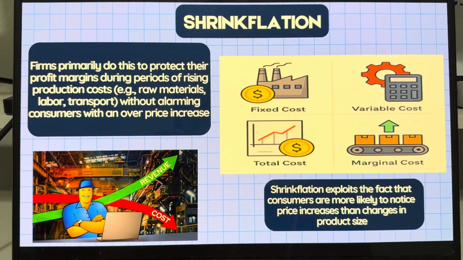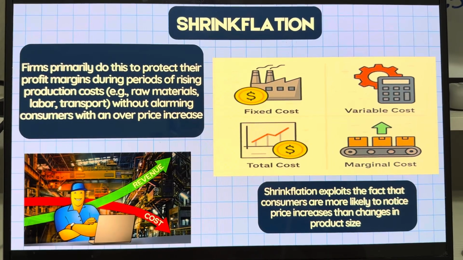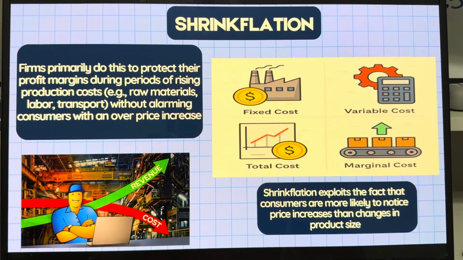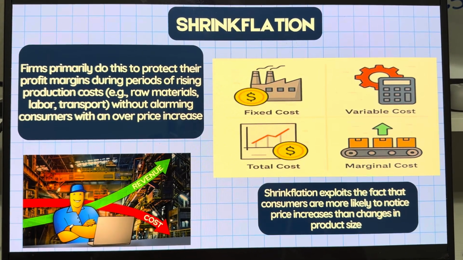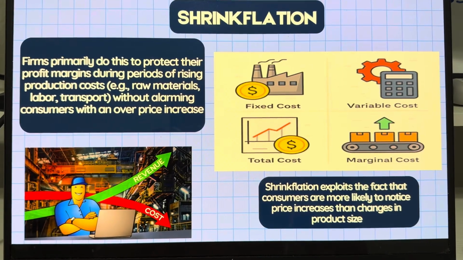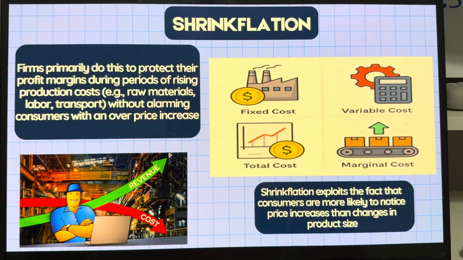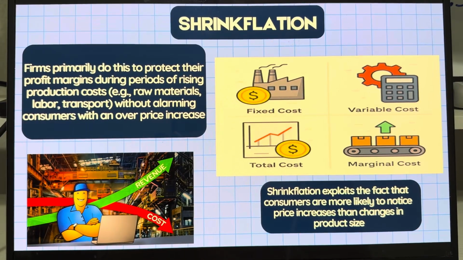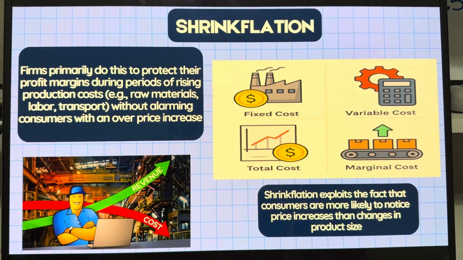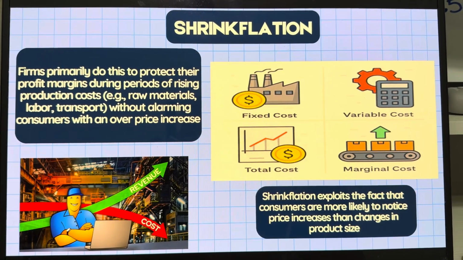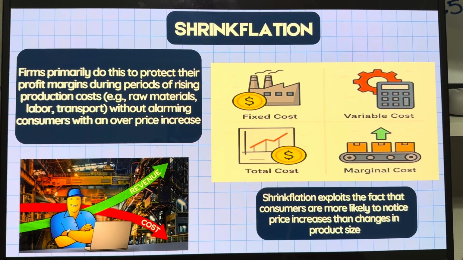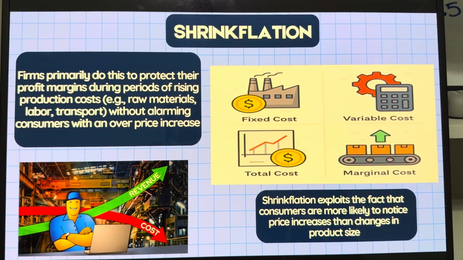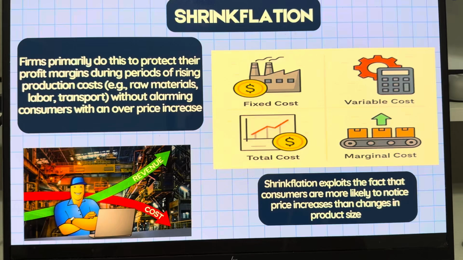For example, if the price of cocoa or sugar increases, a chocolate company must pay more to produce each bar. During periods of high inflation, everything from packaging to ingredients becomes more expensive, like right now. Shrinkflation lets companies keep prices stable, helping them remain competitive and avoid scaring off customers with visible price hikes.